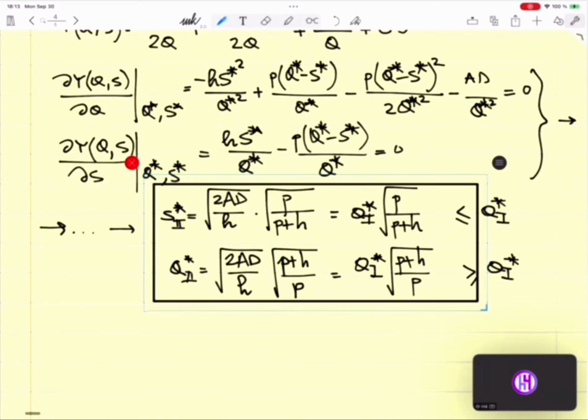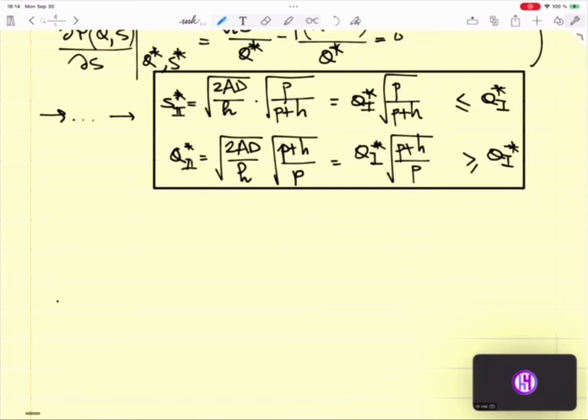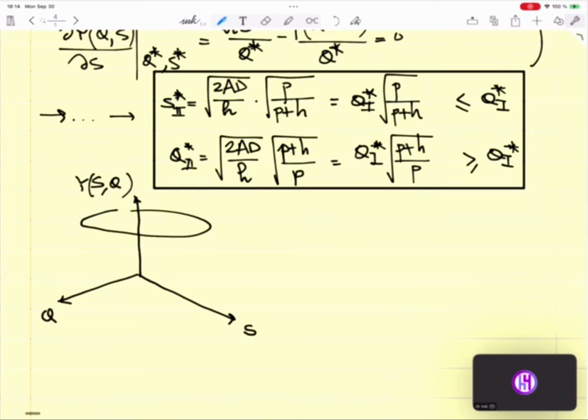So, any questions? Basically, what we did here is we described a two variable function, which has these two parameters. And this function is something like a parabola, and has a minimum.